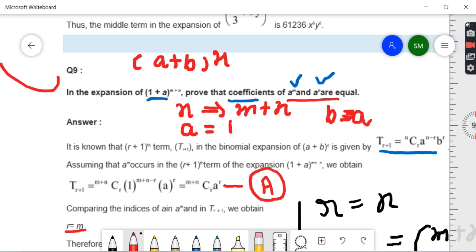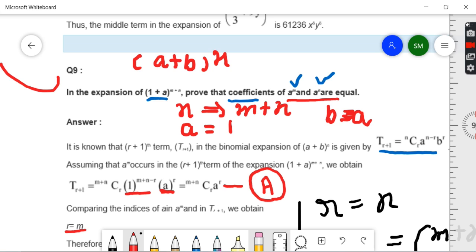Now before that, let me write down in the standard format, T(r+1) = (m+n)Cr 1 raised to (m+n-r). Now 1 raised to this power is 1 only, so I will not bother. a raised to r, I am interested in this power, so (m+n)Cr a raised to r.